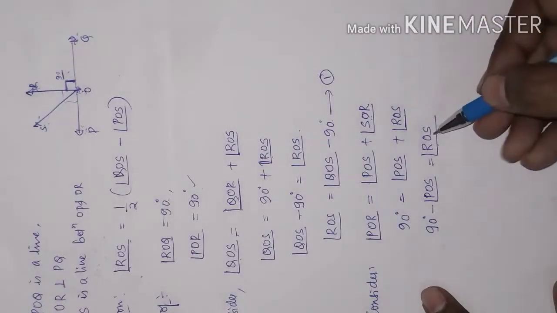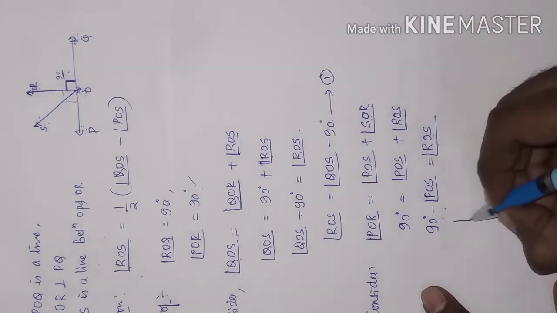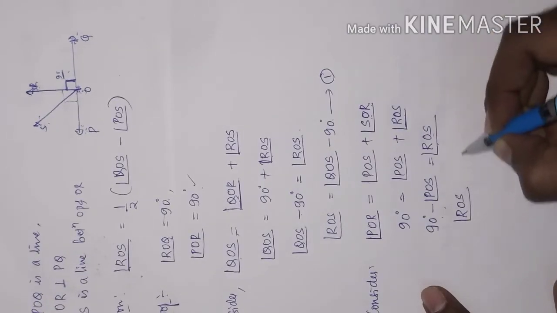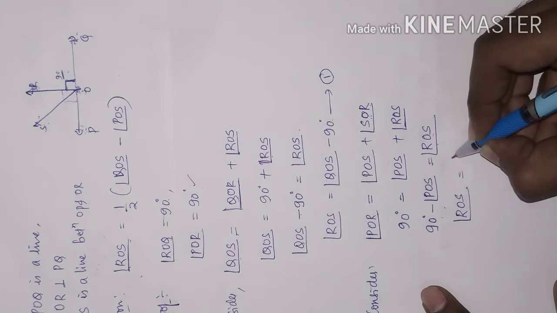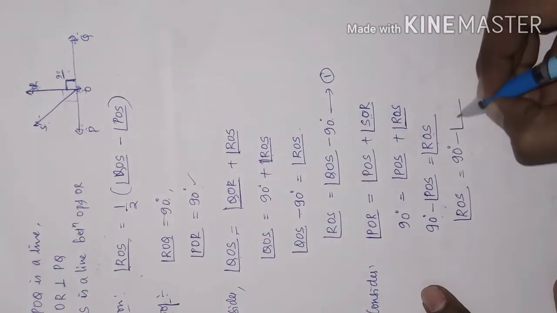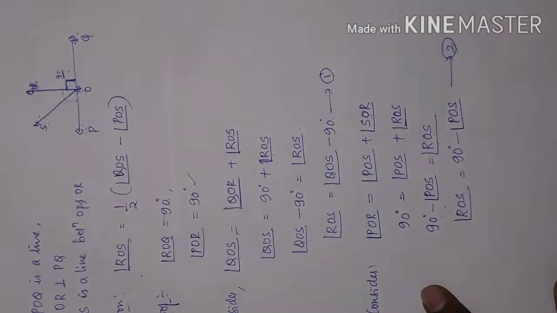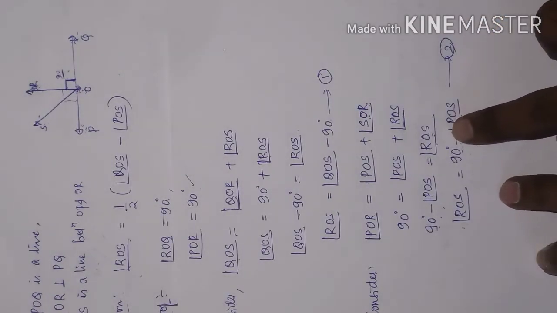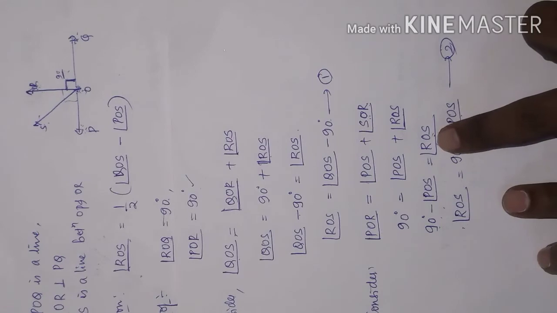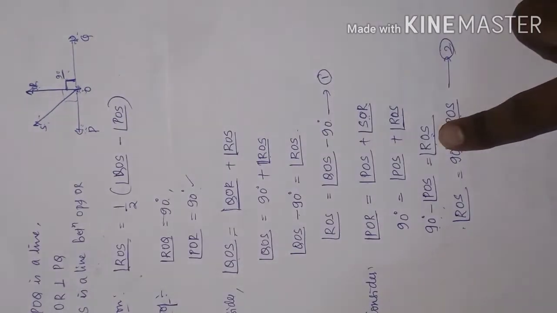Now the entire terms are shifted. Angle ROS is equal to 90 degrees minus angle POS, and I'll name this as equation 2. The students may be asking that angle ROS is positive, and when I shifted to the other side it becomes negative, sir.